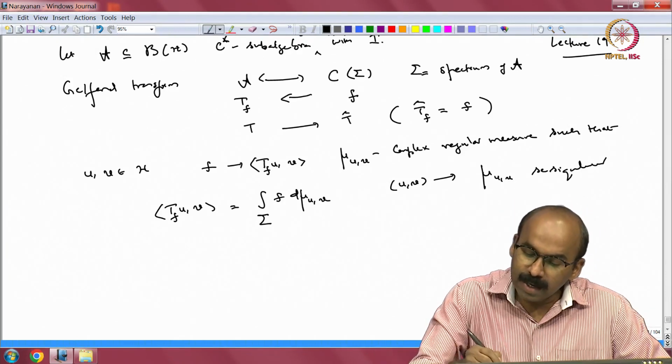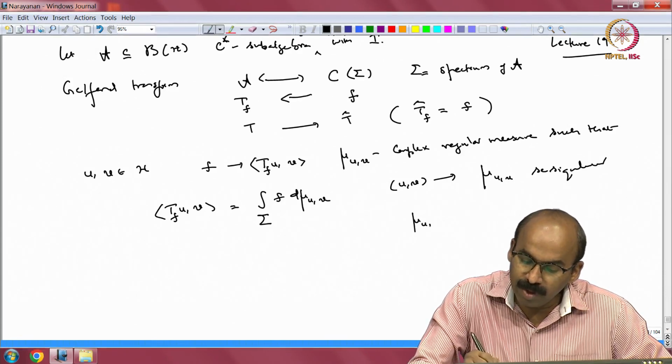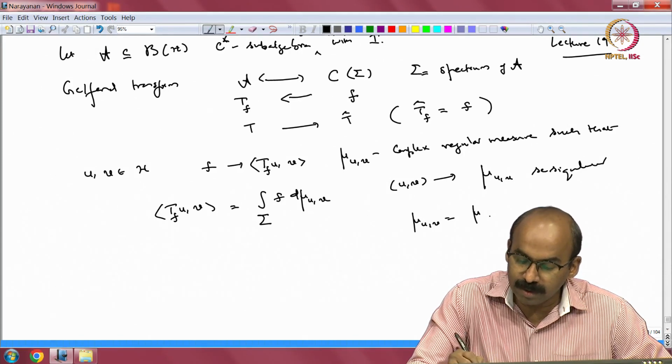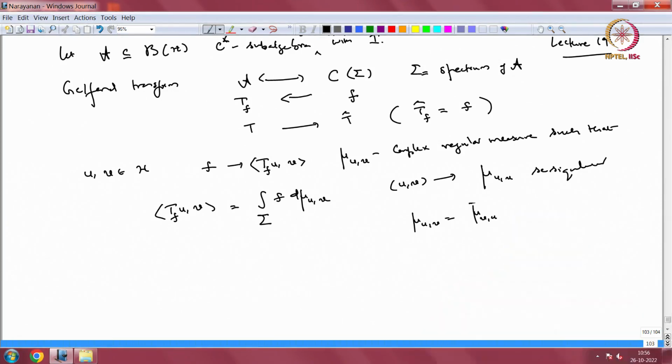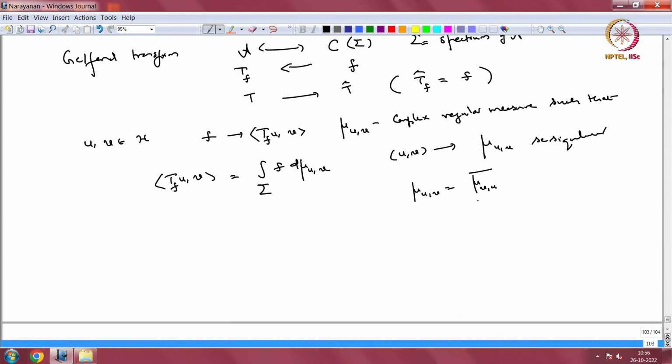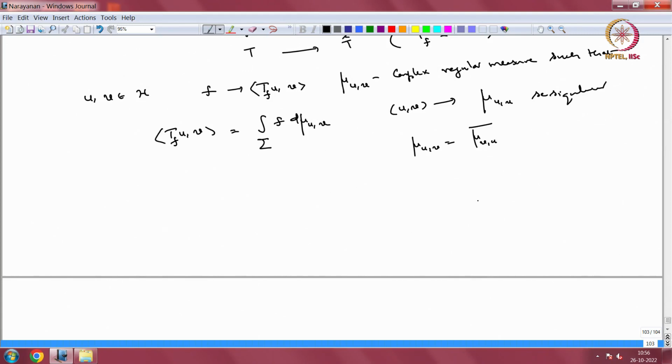And we also had that mu u v equals, well, sesquilinear means this, it behaves like an inner product, right. Essentially, whatever equalities you have for inner product, we have for this. Also, if f is positive, then we saw that mu u is a positive measure, right.